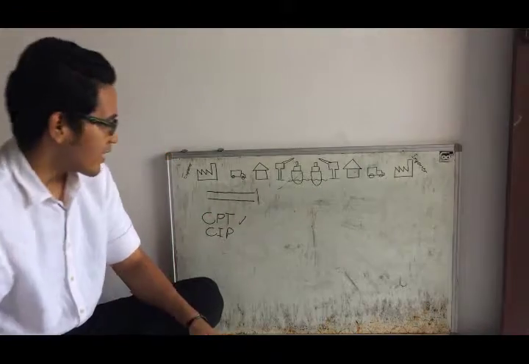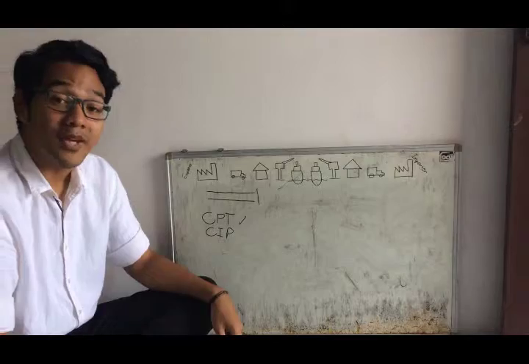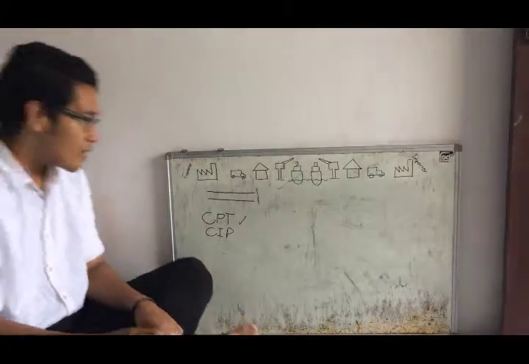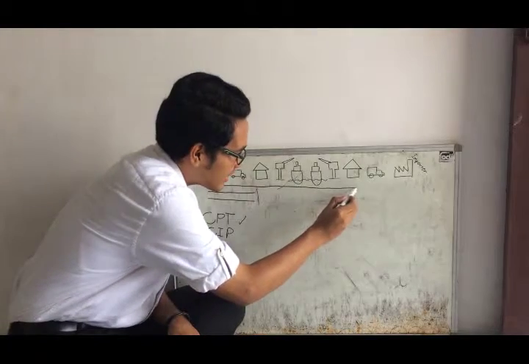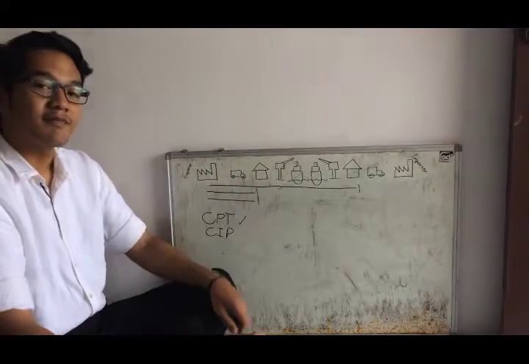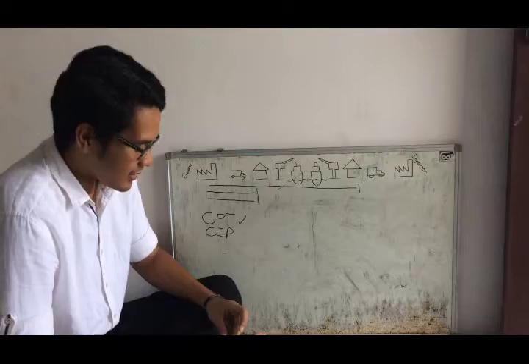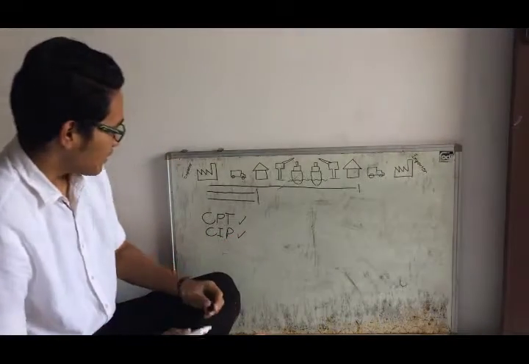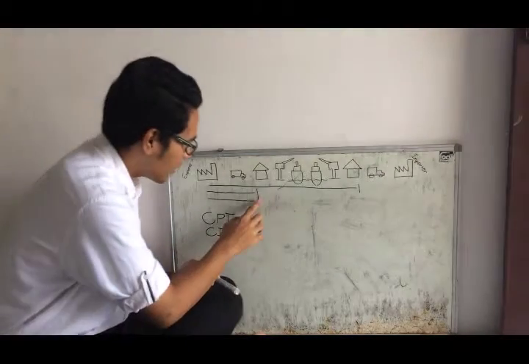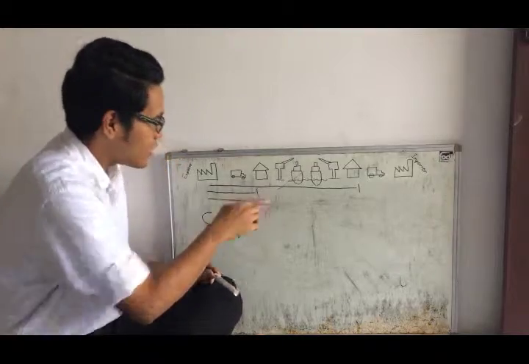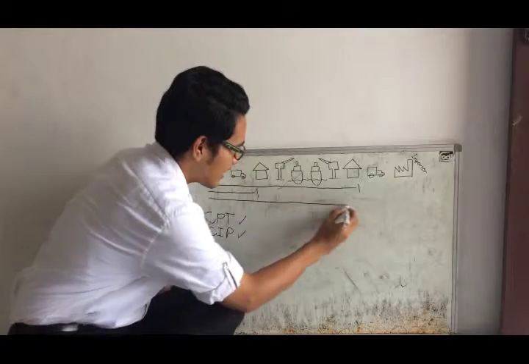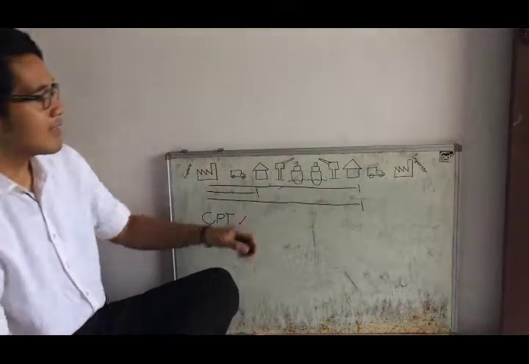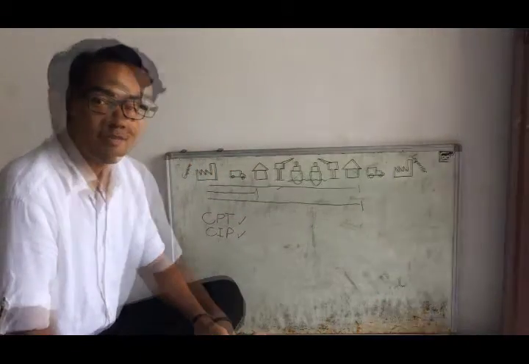The exporter will take all of the risk and responsibility, but the exporter will pay the cost until the destination port. And the difference with CIP is that the exporter should insure the goods. So the exporter takes the risk until the destination port.